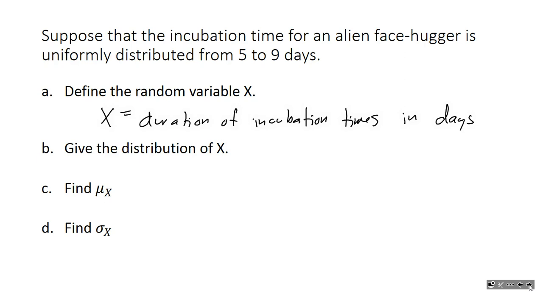Now this is a continuous distribution because it doesn't have to be 5, 6, 7, 8, or 9. It could be 5.29 days. You can measure it to any degree of accuracy.